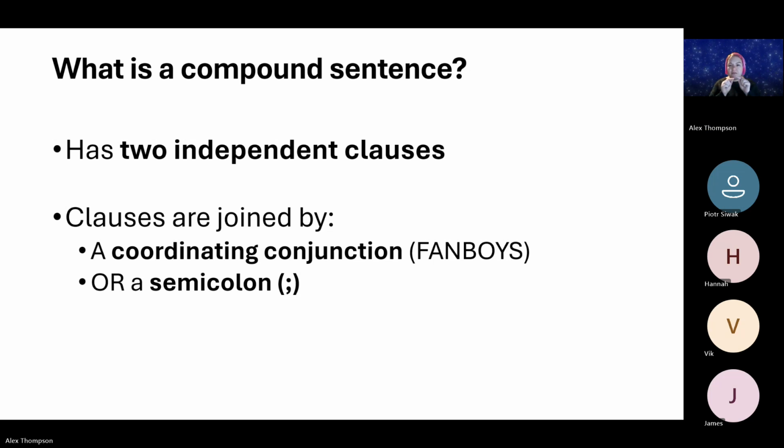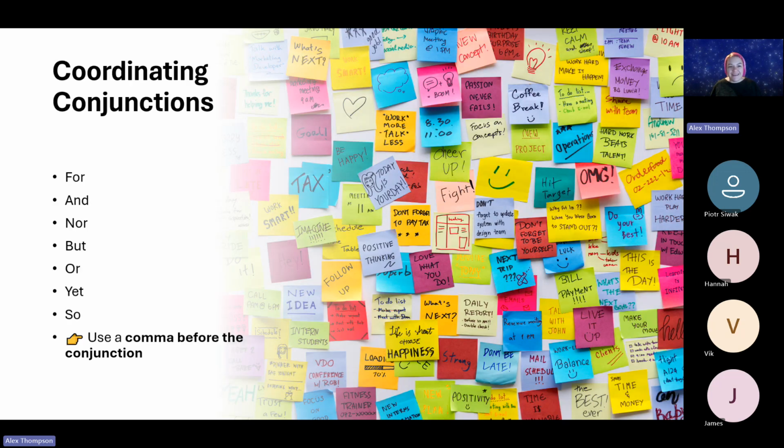Now, the conjunction, the word that we put between the sentences to join them together, I have a list. Here are some of the most common ones that we see. I think the most common one is probably the word and. I walked to the shop. One simple sentence. And I bought a chocolate bar. We could have that as 2 separate standalone sentences, or we use the word and to join them together in the middle.